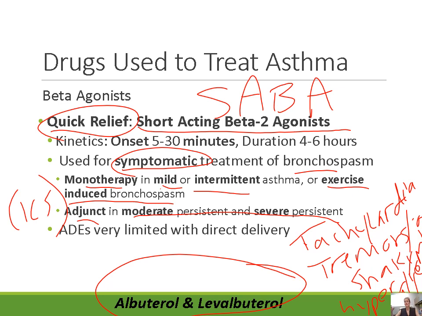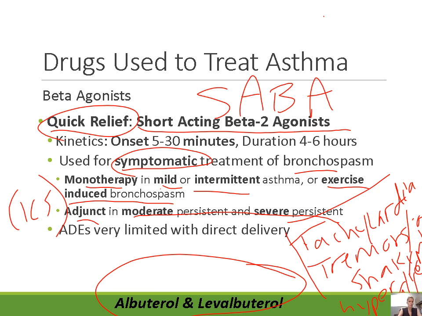And a result of that stimulation is that we increase the amount of glucose that's available to fuel the body because it thinks it's a fight or flight response. Now again, we're delivering the drug directly to the site of action, directly to the lungs. So not as much of it is going systemically through the body. So we really do limit these adverse drug effects by delivering the drug directly to the lungs.